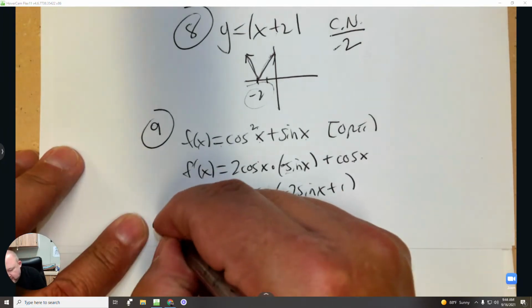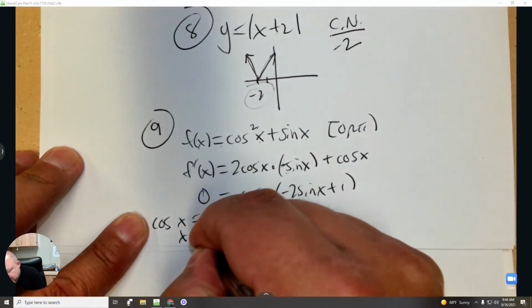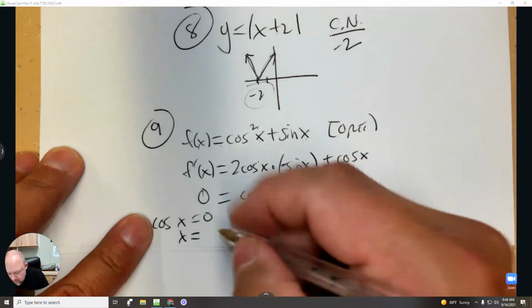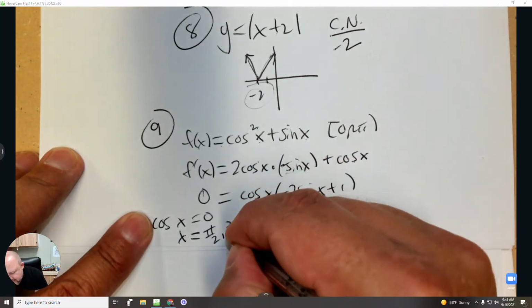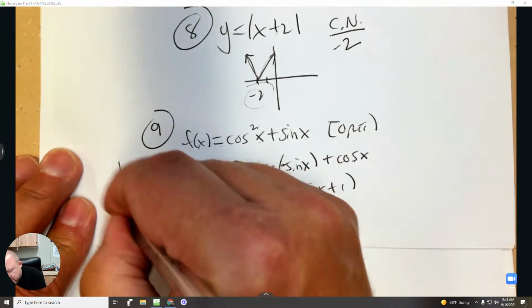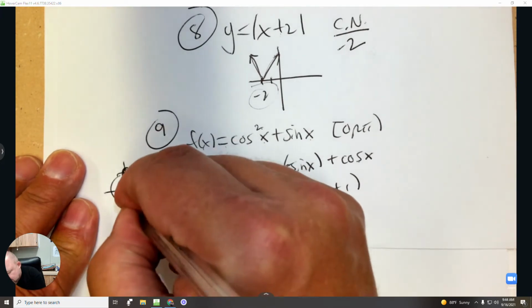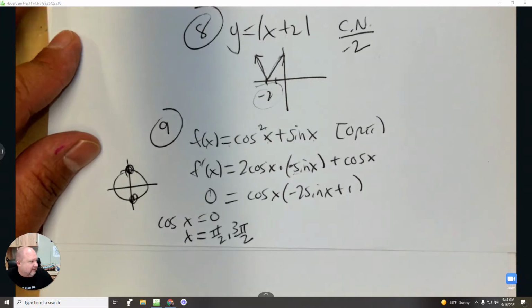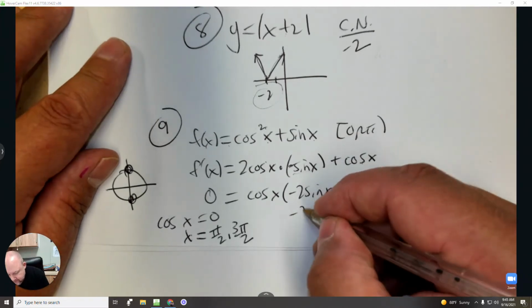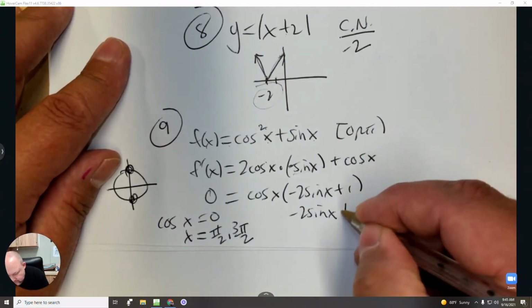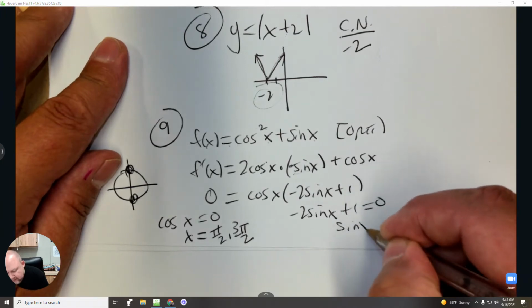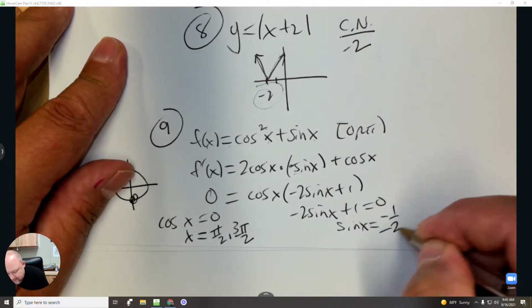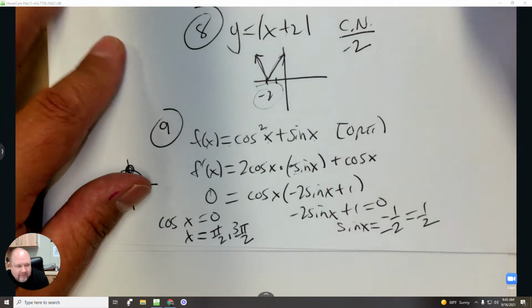First of all, if cosine is 0, then the two angles that give you 0 are pi over 2 and 3 pi over 2. That's here and here. Those are where cosine is 0. The second one, we're going to solve it. So I'm going to subtract 1 and divide by -2. So that's 1/2.